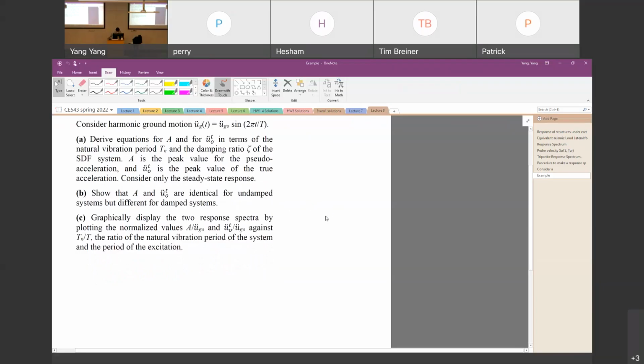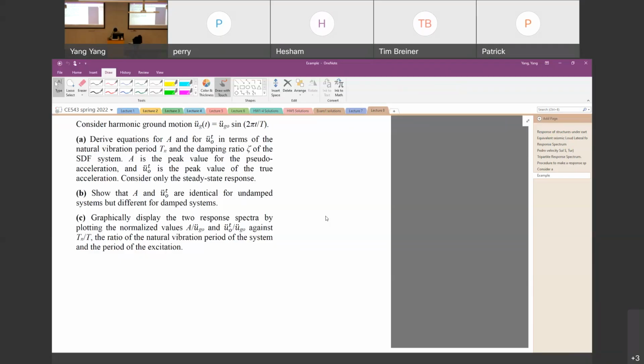Part A, we are required to derive equations for the amplitude of the acceleration, and show the relationship between the amplitude of the acceleration and the natural period of the structure as well as the damping ratio.